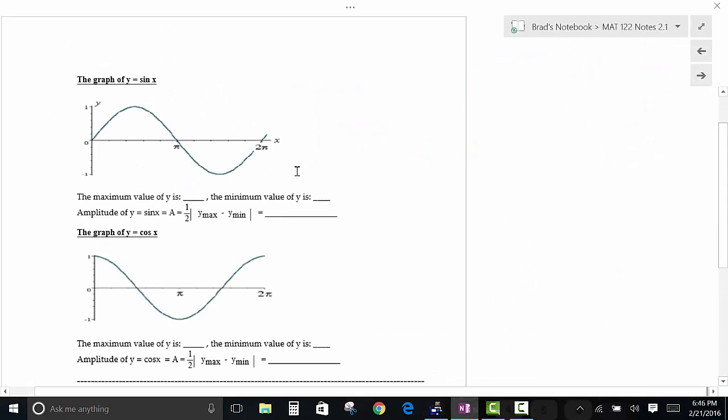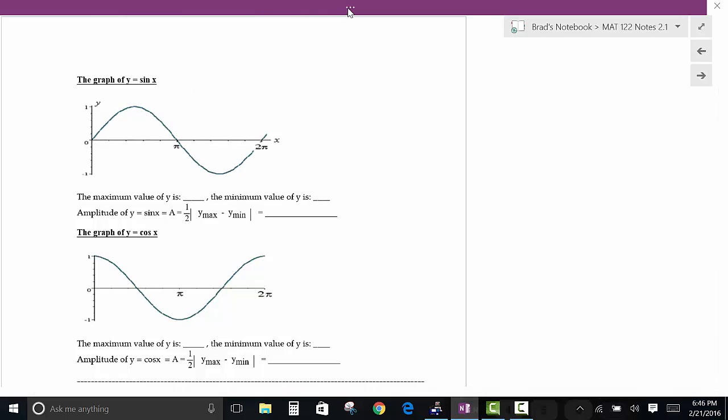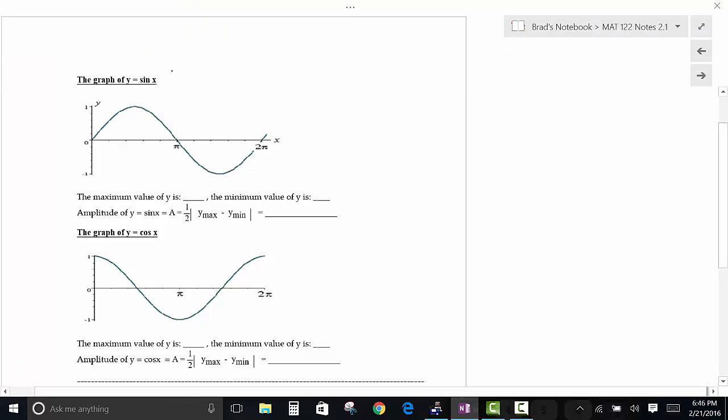All right, so moving to the next page. This will give you a few ideas. If you are looking at a sine wave, you have a maximum at y equals 1 and a minimum at y equals -1. If you wanted to find the amplitude, you take 1/2 the distance between the max and the min. Notice I'm just subtracting those two numbers.